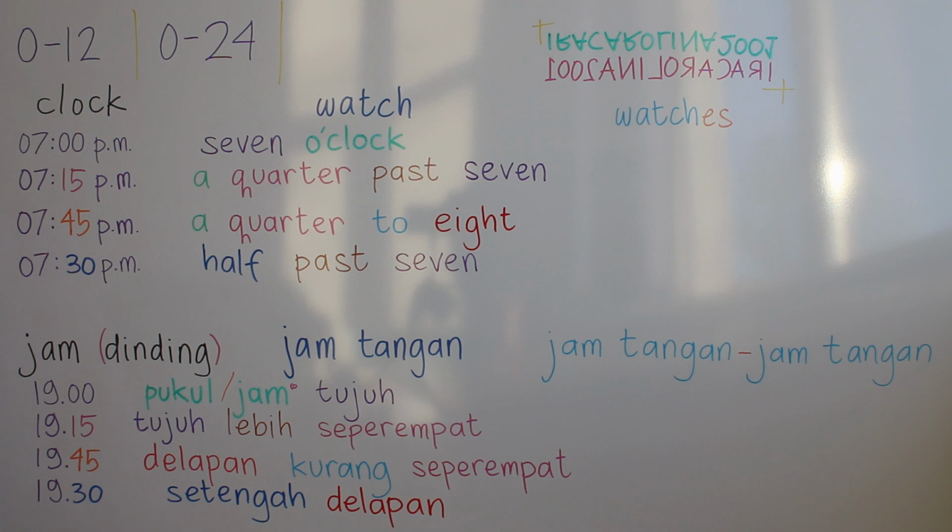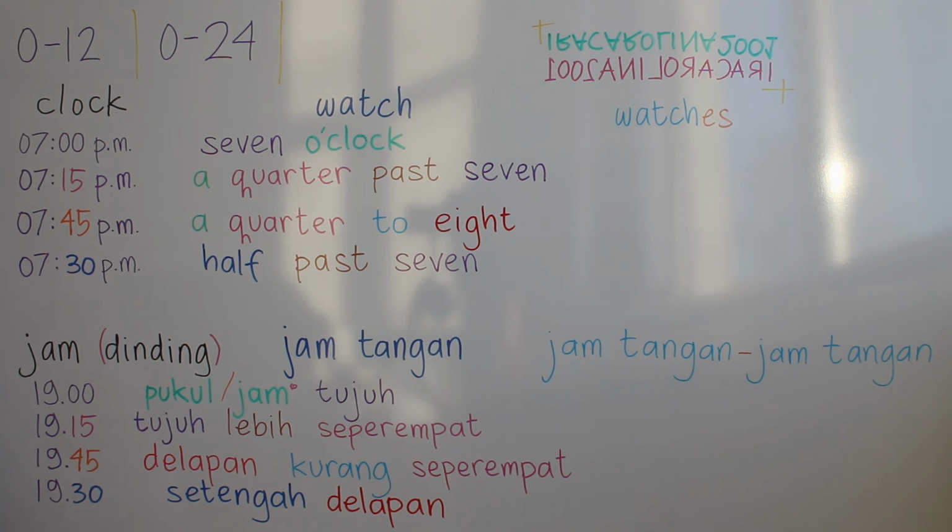7 p.m. In Indonesia, instead of p.m., we use the numbers from 13 to 24. That's why you find 19 here, instead of adding any word behind the number. And for the separation of the hour and the minute, instead of a colon, in Indonesia we use a dot.